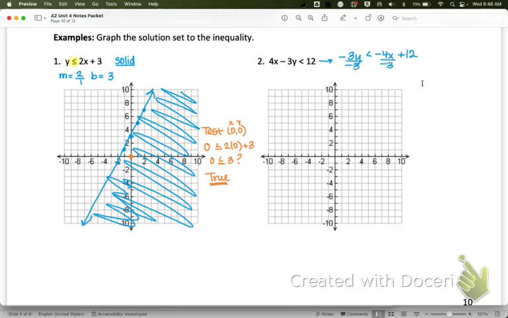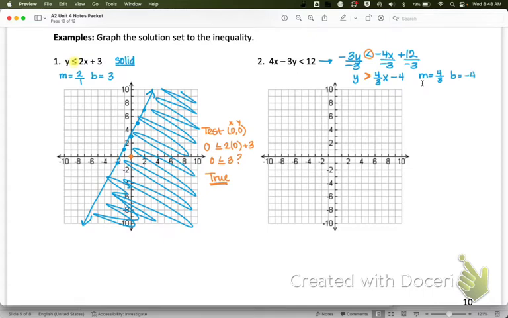But don't forget, when we divide by a negative with an inequality, we have to flip the sign. So this is going to become y is greater than, negative divided by a negative makes this positive 4/3 x, and then minus 4. So our m is 4/3, and our b is -4.